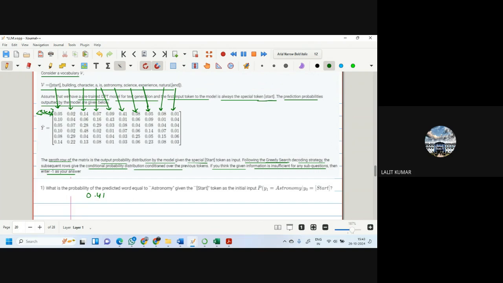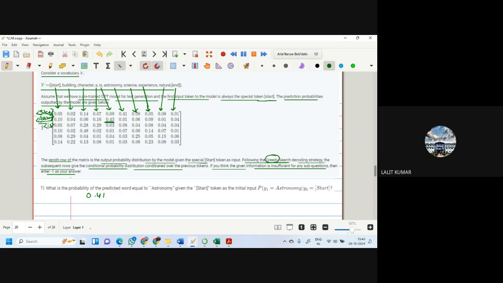And now as it is a greedy search, in the second step what will it feed again? Astronomy. Yes, sir. So for astronomy, what has come? 0.43. So the next word will become "is".